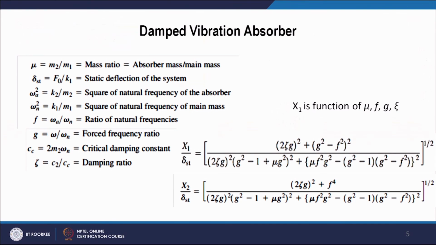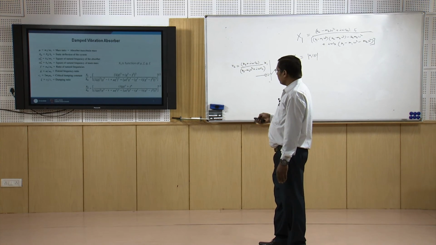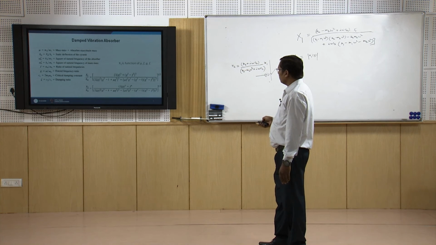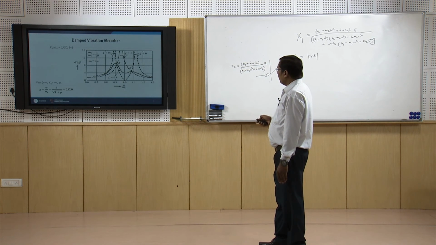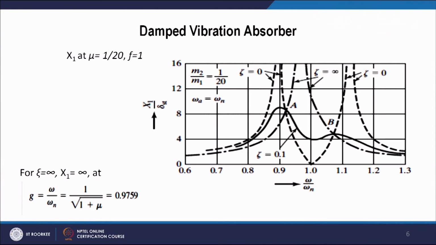So we can write these equations x1 by delta st and x2 by delta st. And here, for some given mass ratio 1 by 20 and f equal to 1, we can see that this equation is plotted for zeta equal to infinite and zeta equal to 0.